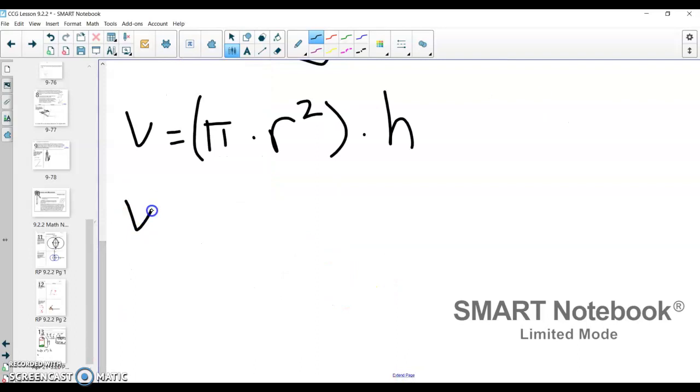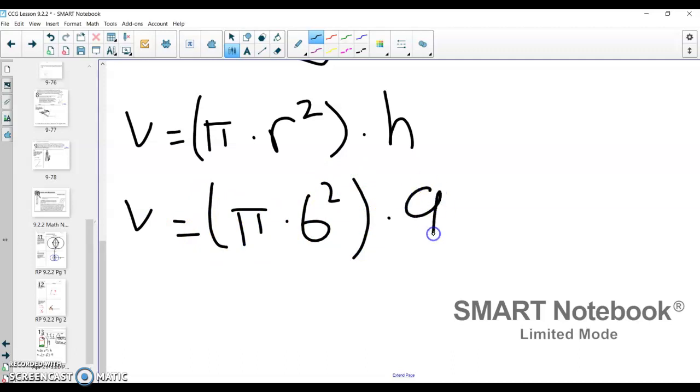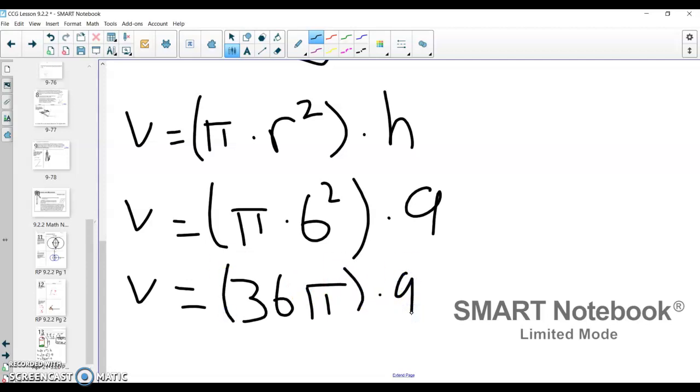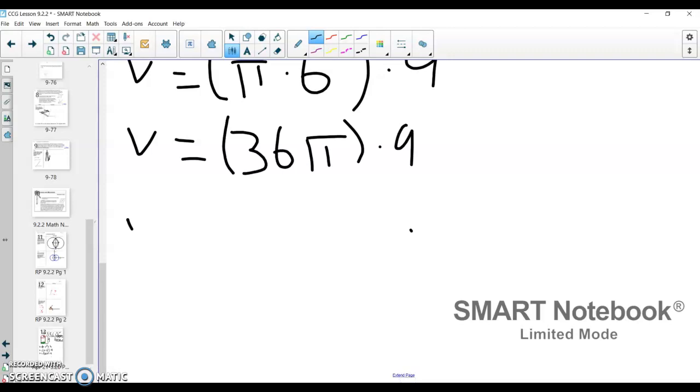Okay, and so for volume, I'm going to plug it in. I get pi, my radius is 6 squared, and my height is 9. I start solving this, and I see that I have 6 squared is 36, pi times 9. That's going to give me an answer when I multiply it for volume.